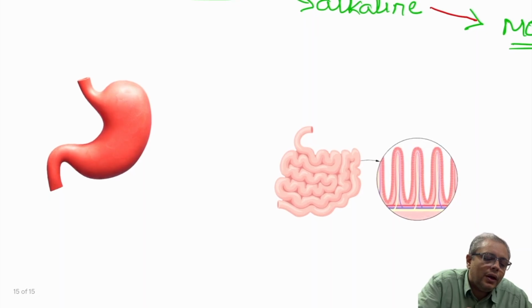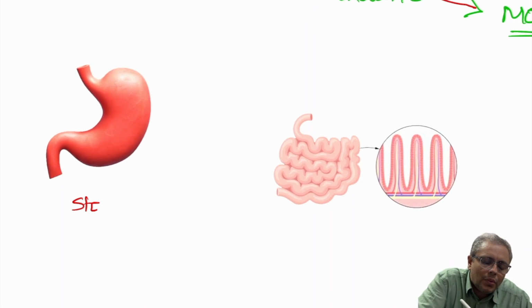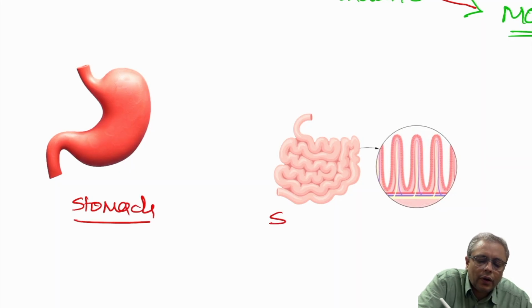Now here you can see the areas of absorption, this is the stomach and this is the small intestine.